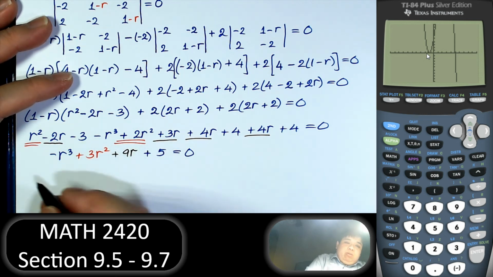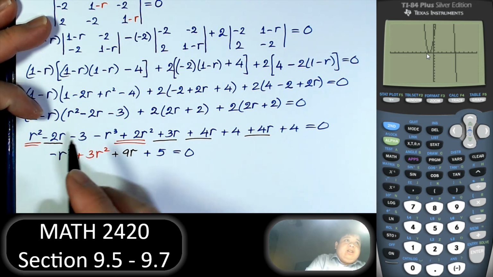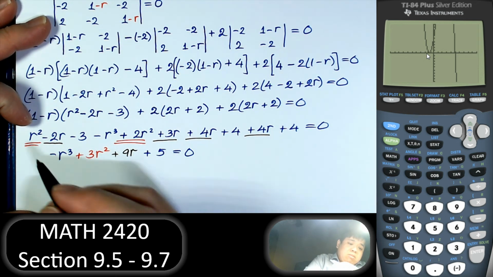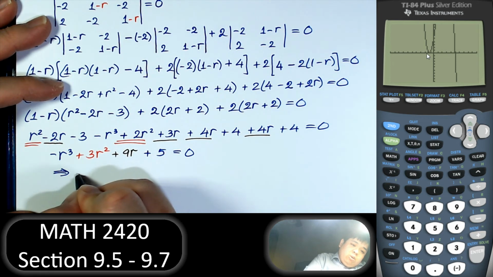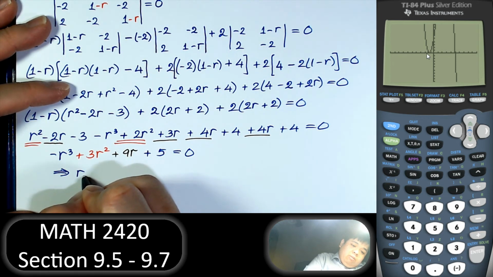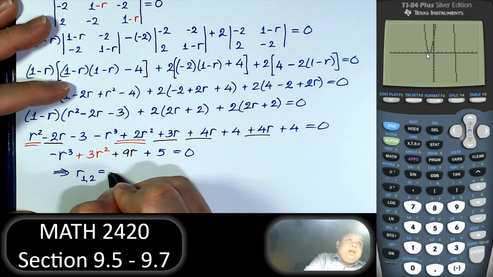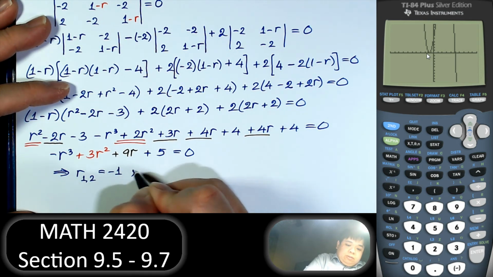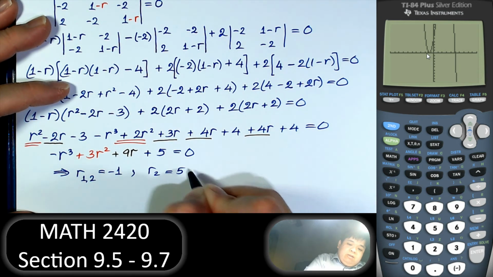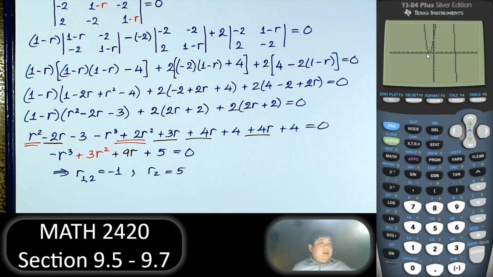If we factor, we can factor this as that, but it's not important. So R1 and R2 is equal to negative 1, and R3 is equal to 5. Right, so those are the eigenvalues.